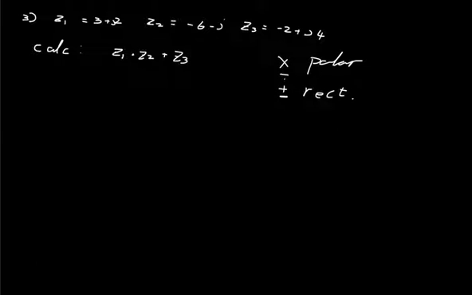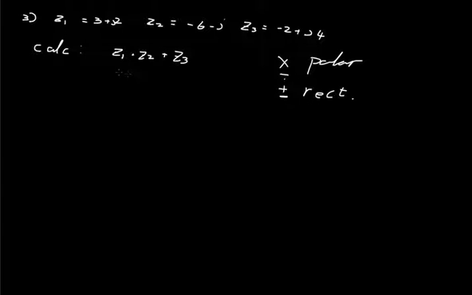But you can still do the multiplication or division in rectangular form if you really want to, but you can't do addition and subtraction in polar form. So I'm going to do it just in rectangular form, keep it all simple.